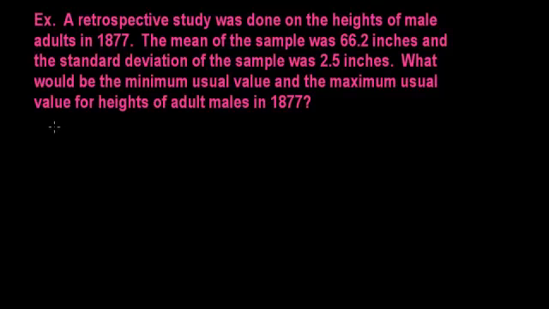Let's see, what's the information we have here? We have the mean of the sample, which is x bar, and we're given that that's 66.2 inches, and the standard deviation of the sample, s, was 2.5 inches, and we're asked to find the minimum usual value and the maximum.